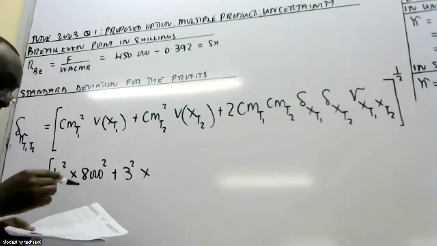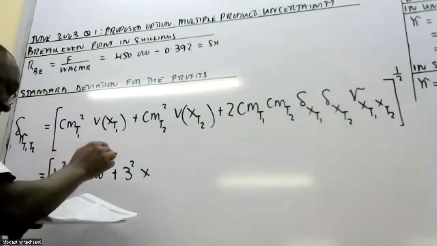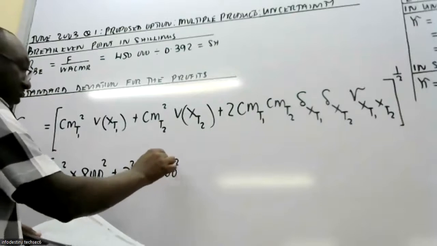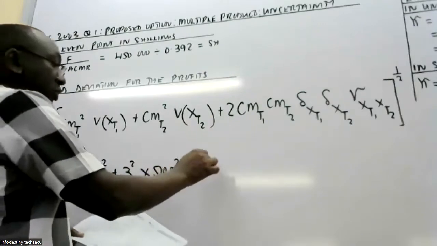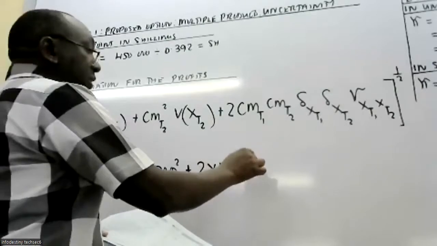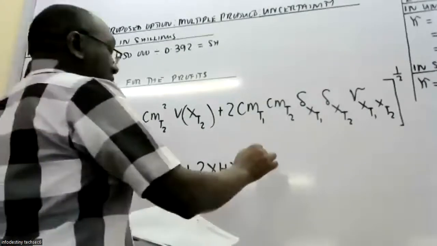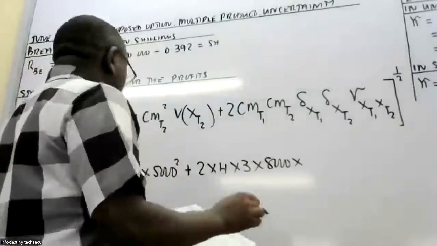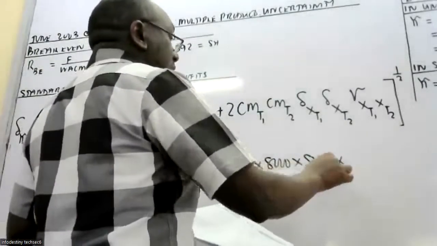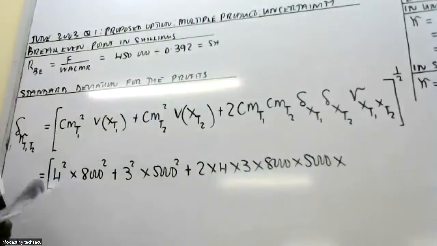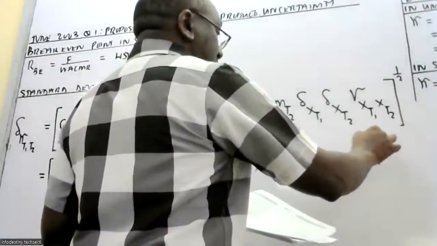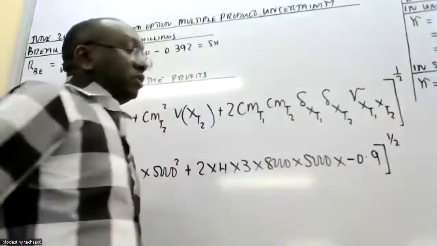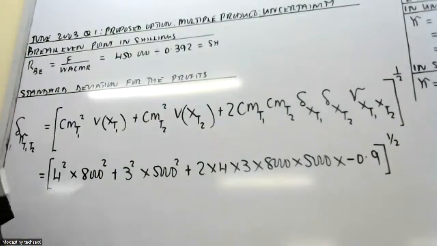Then you multiply by the variance, and the variance will be the standard deviation of 5,000, you square it. Then you say plus 2 times 4 times 3 times the standard deviation, which is 8,000, times 5,000, times the correlation coefficient. The correlation coefficient we are told is minus 0.9. The whole of this, you get the square root. So solve and give me the answer.